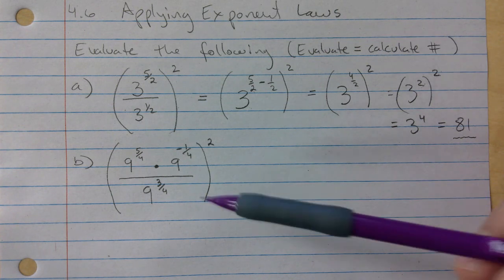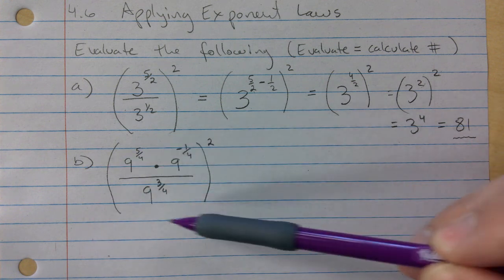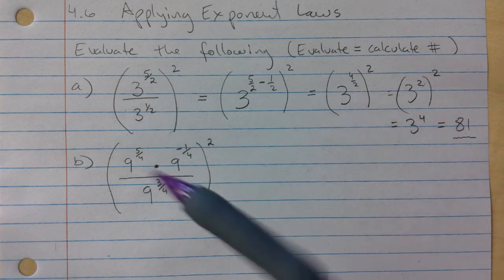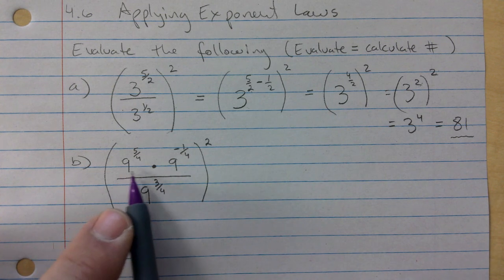So again, we're starting with the inside, we notice that all three numbers have the same base. These could be decimals, folks. If these are decimals, the same thing applies.